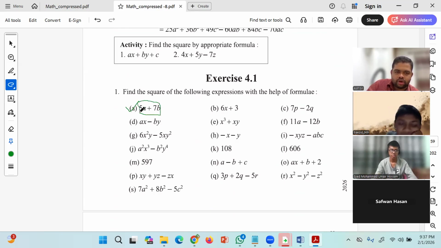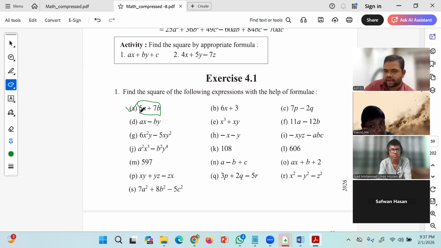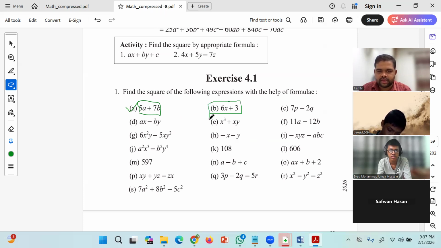Some of you who have a good understanding of the previous example I have discussed might solve it very easily. But for everyone, let's solve it first. I will solve it and then I will give you a problem to solve, which is B.